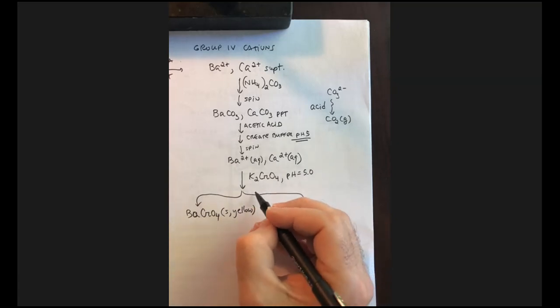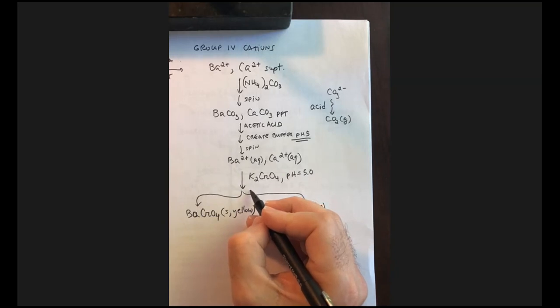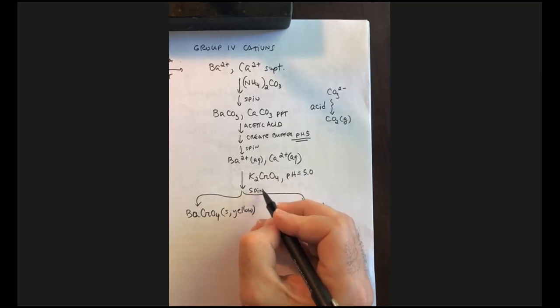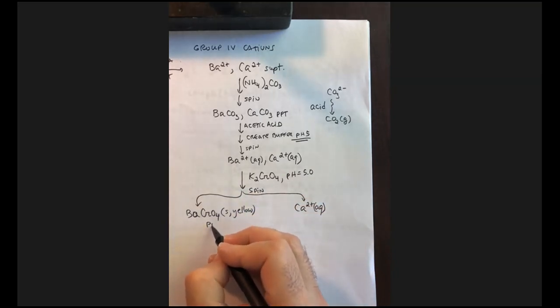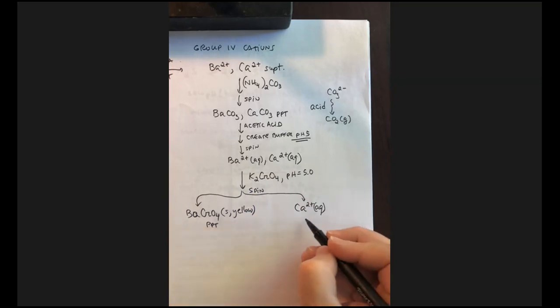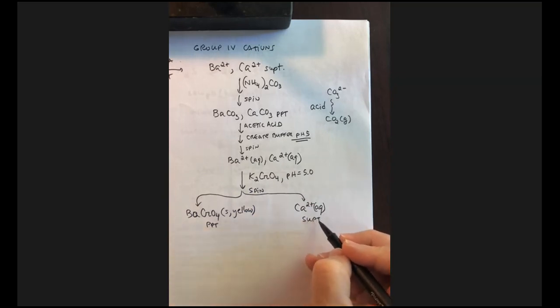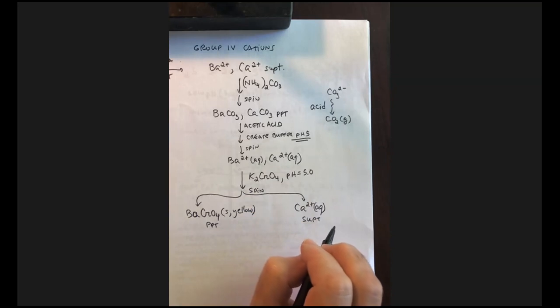So if after adding this reagent, I do a centrifugation, a spin, this is going to be my precipitate. This is going to be my supernatant. All right. Now, in some instances, they ask us to take this precipitate, this pellet, and do a flame test.